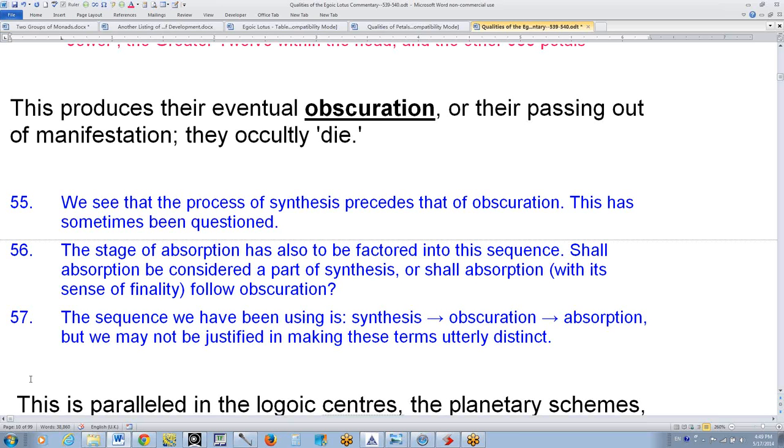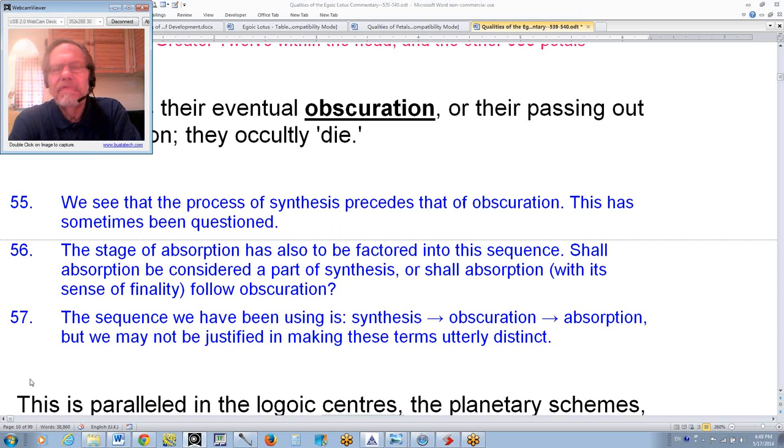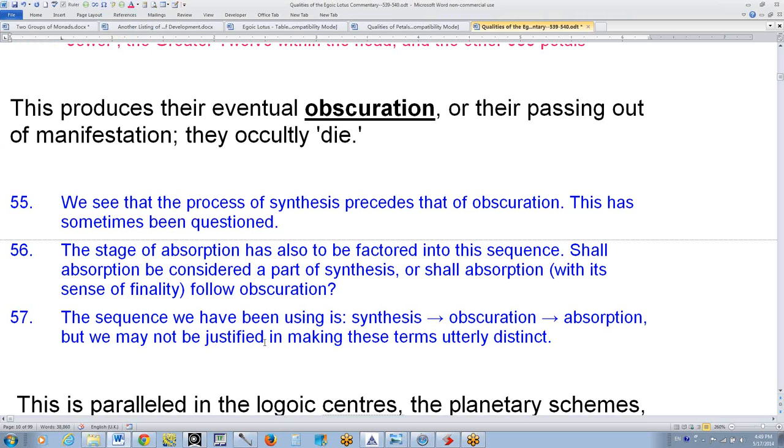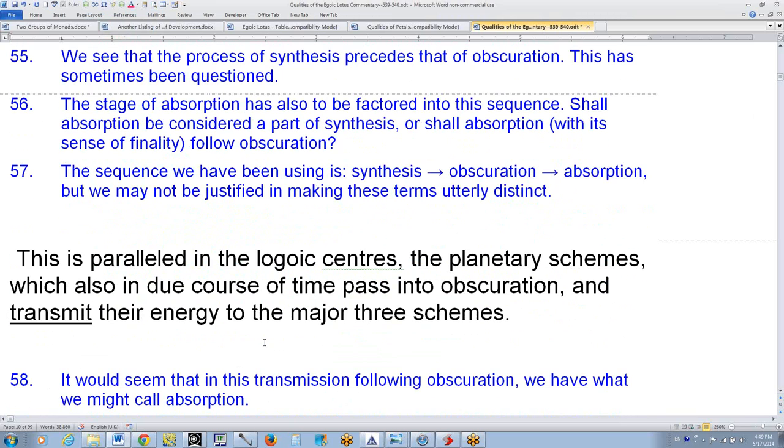Suffice it to say that the many wheels of force that we have been studying are absorbed into a final one, and then that itself disappears in pralaya. So this is paralleled in the logoic centers, the planetary schemes, which also in due course of time disappear.